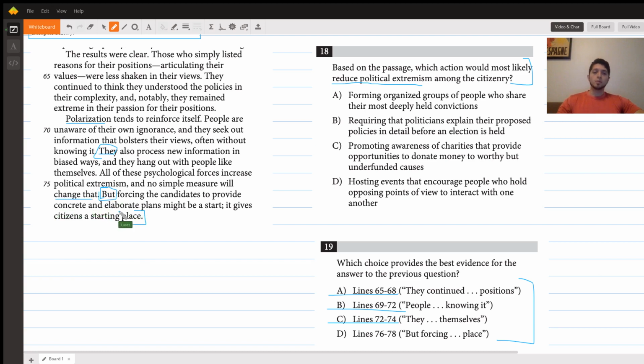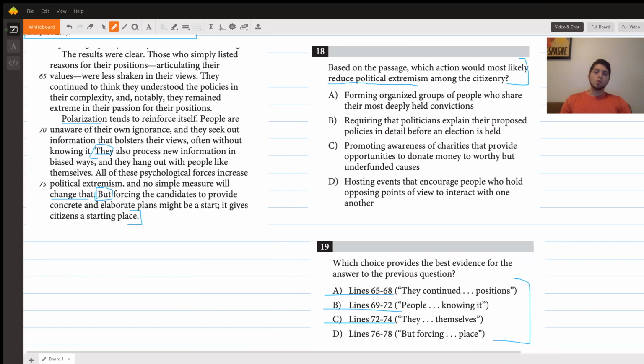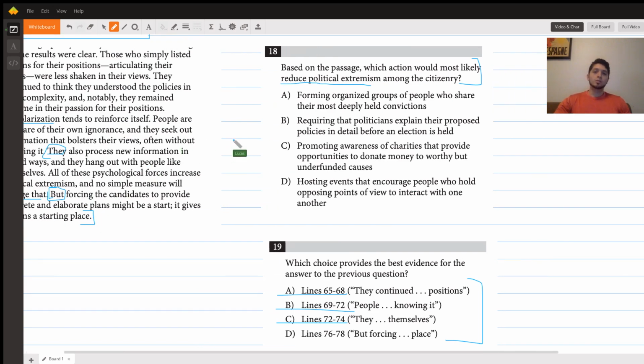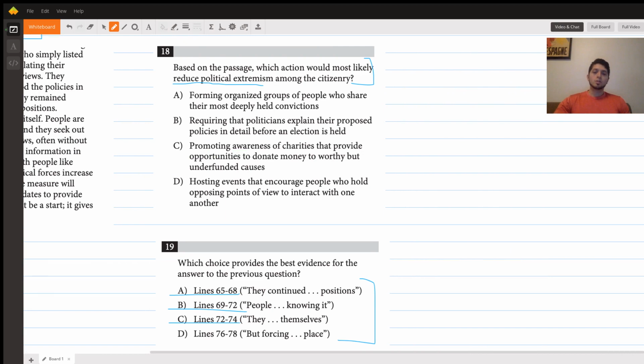But there seems to be one little way, which is to force candidates to provide concrete and elaborate plans. This might be a start. It gives citizens a starting place. So the passage suggests that one way to limit political extremism is to have political candidates go over their own plans in concrete and elaborate detail. So we look for an answer choice that will match that.